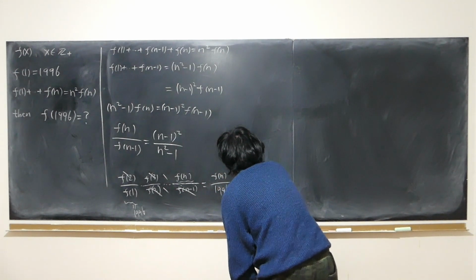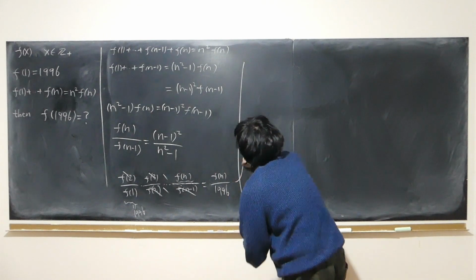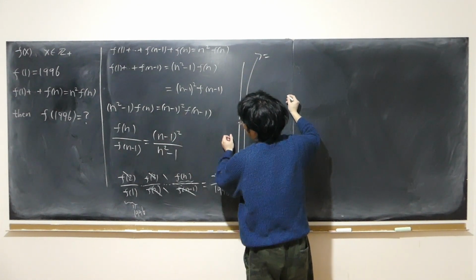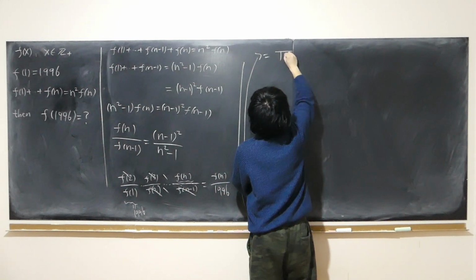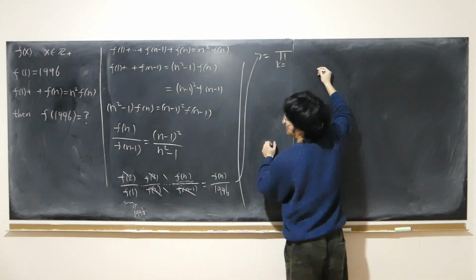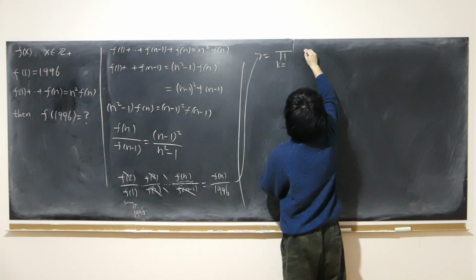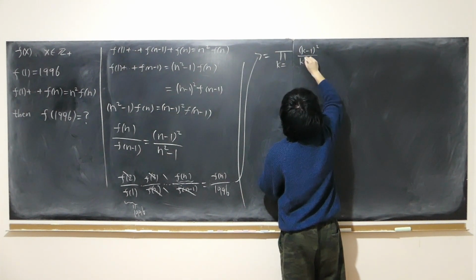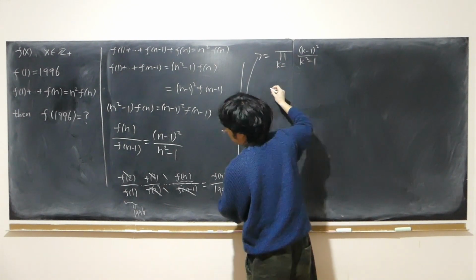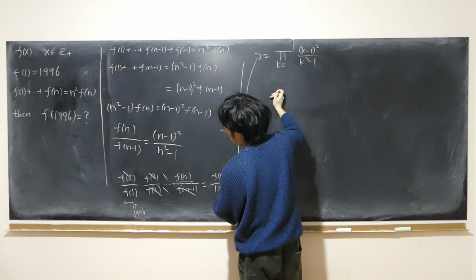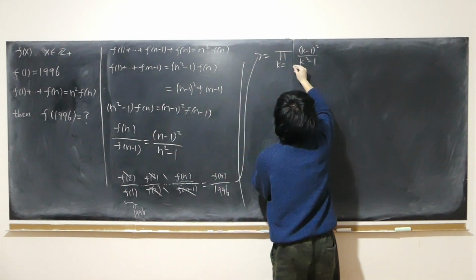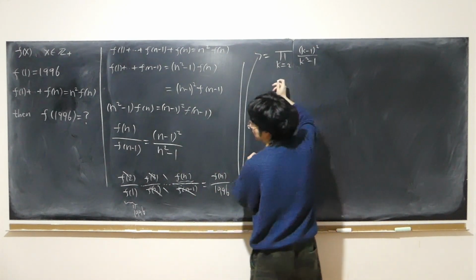Further, that's equal to the right-hand side series of products: the product over k of k minus 1 quantity squared over k squared minus 1. K starts from 2, since we started off from f of 2, and we end with n.